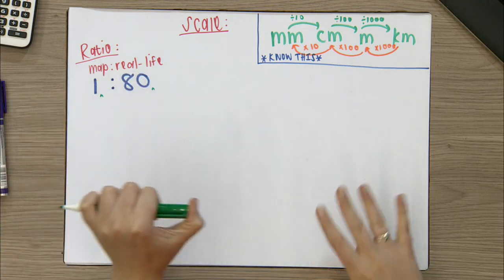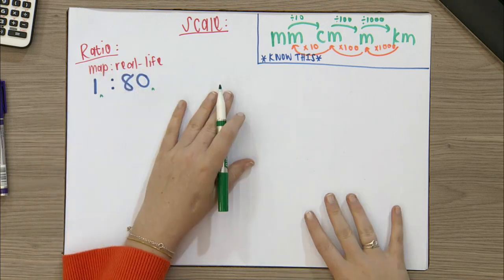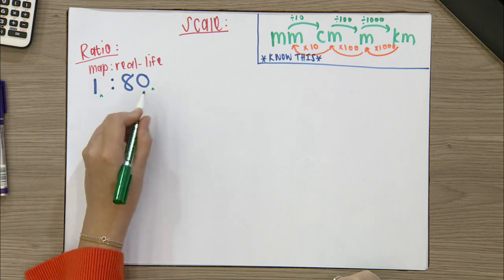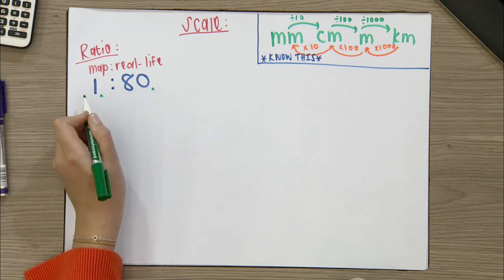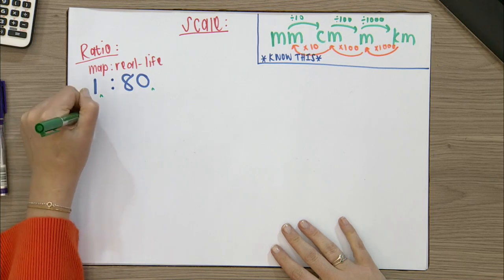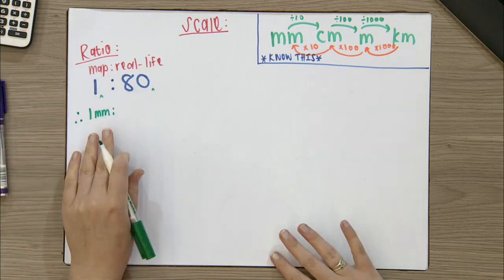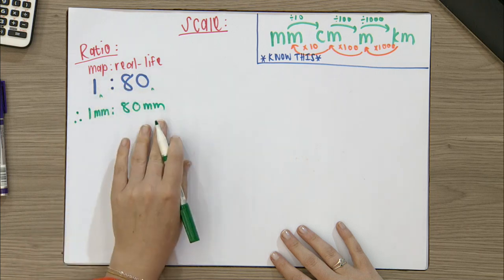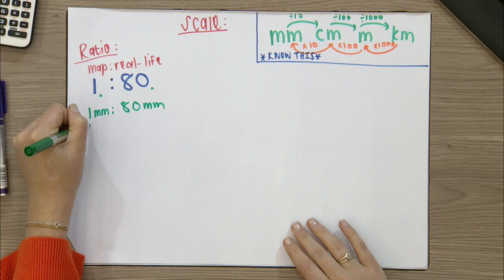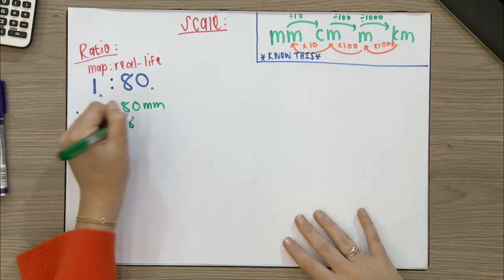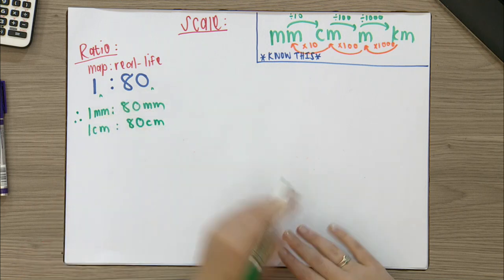So that means when we are working with a ratio or a number scale, we know that these two units should be the same. That's why I keep saying 1 unit is 80 units, which actually means that 1 millimeter on the map should be the same as 80 millimeters in real life, or 1 centimeter on the map is then the same as 80 centimeters.